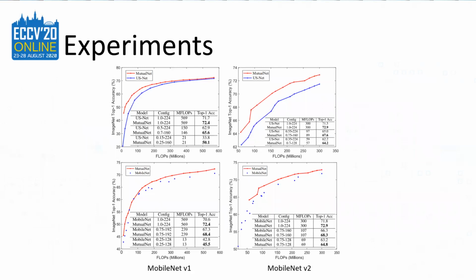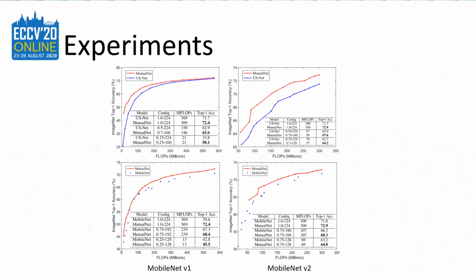We conduct the experiments on MutualNet V1 and MutualNet V2 backbones. We show that MutualNet outperforms US-Net over the whole FLOPs spectrum, especially when the FLOPs is low. We see that on MobileNet V1, when the FLOPs goes to 21 million, MutualNet significantly outperforms US-Net by 16 points.